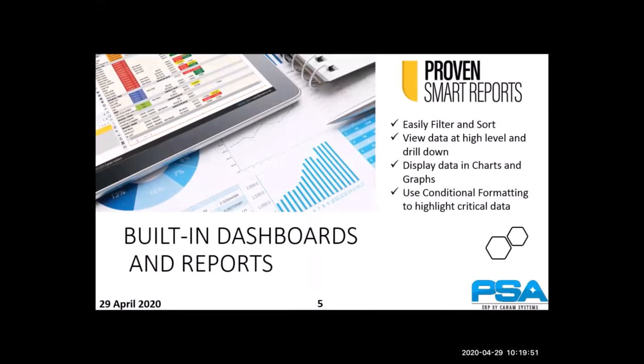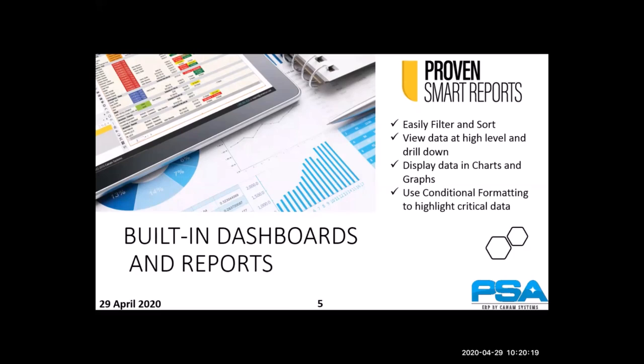Okay, so the first thing we're going to take a look at today is some of the built-in dashboards and reports that come with Smart Reporting. Some of the key features that these offer are easy ways to just click and select items to filter and sort your data. You can start with a high-level view of your data and drill down with links to open up other reports.